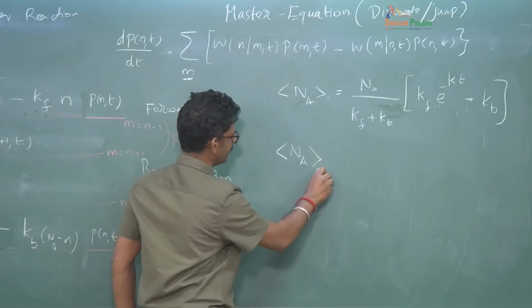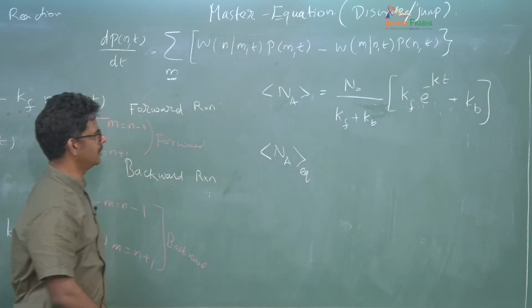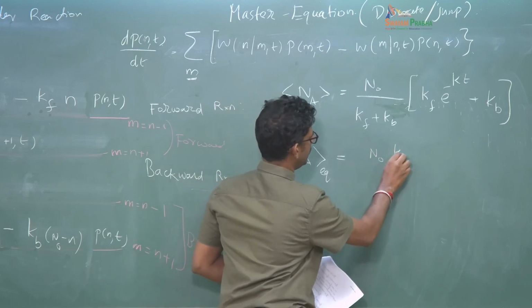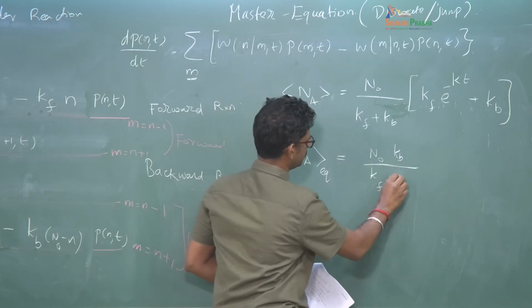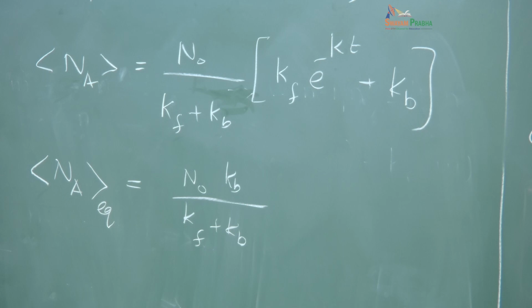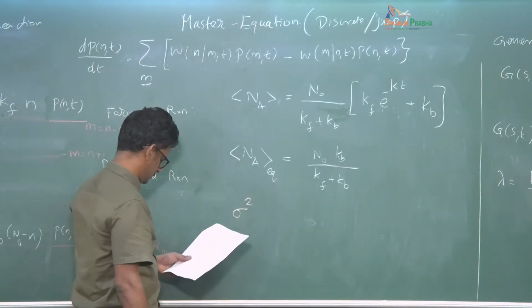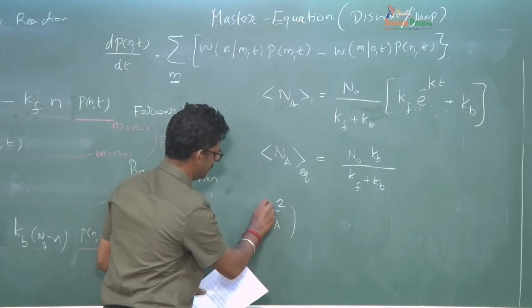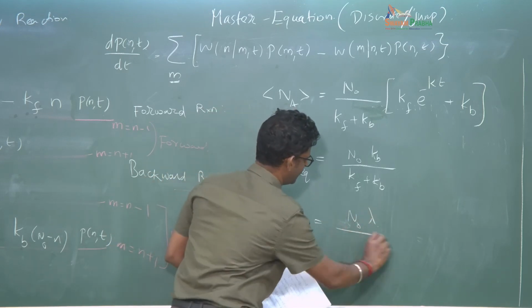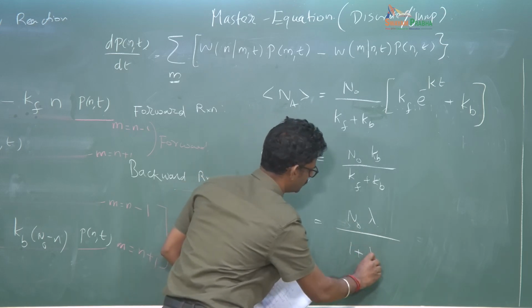So if you look at equilibrium value, t time tending to infinity, so you will have this as n naught kb by kf by kb. And the variance of A at equilibrium, you can find this as n naught lambda by 1 plus lambda whole square.